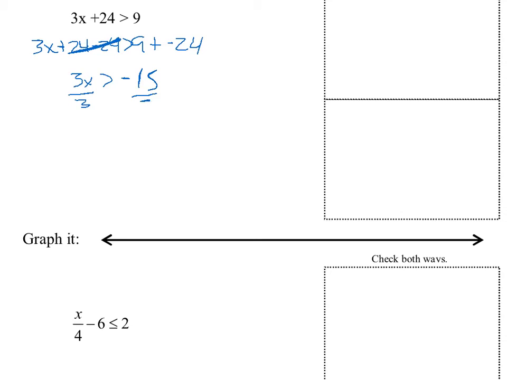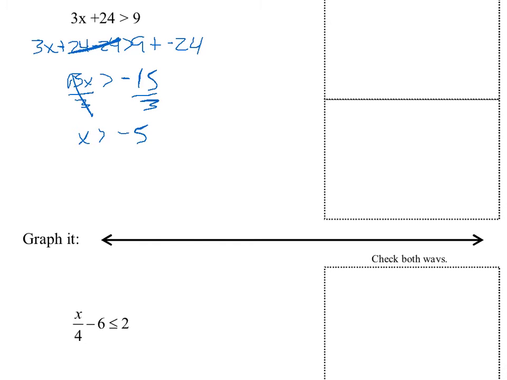Divide both sides by 3 to get the x alone. So that gives us 3 over 3, which is 1, x is greater than negative 5. Yes or no, was this a situation where we should have flipped the inequality symbol? Everybody should be answering.